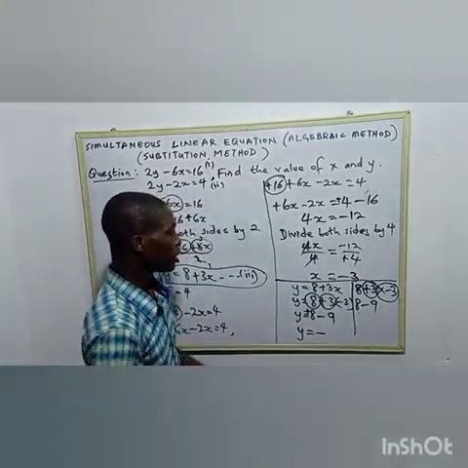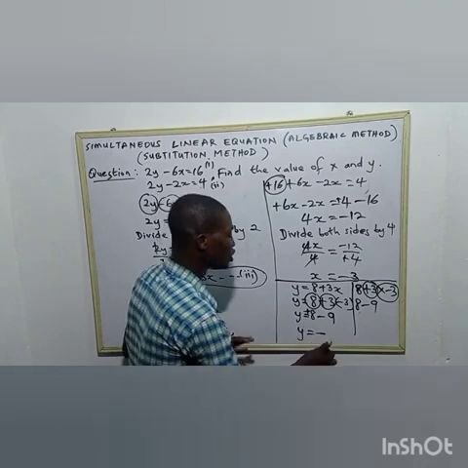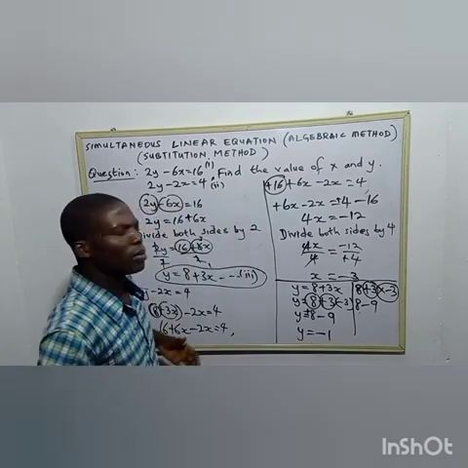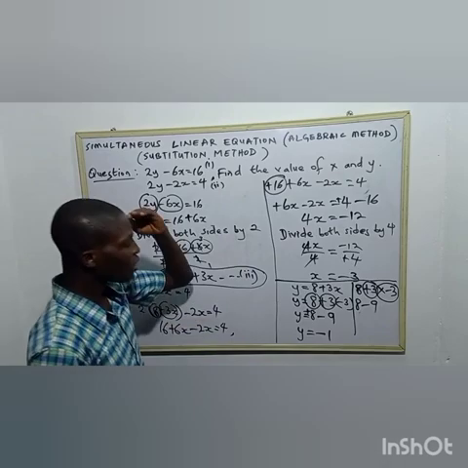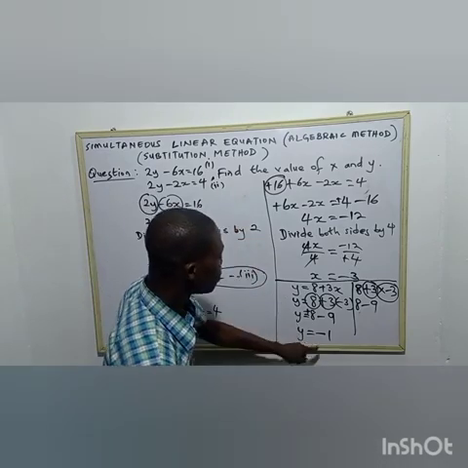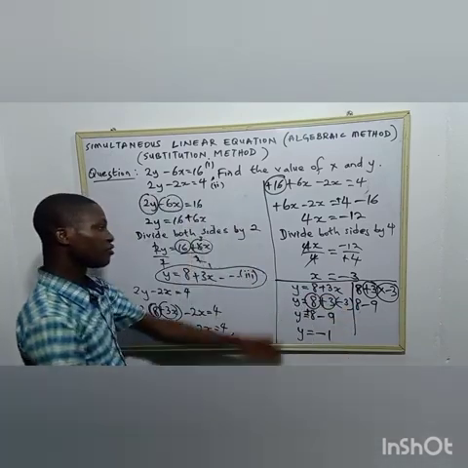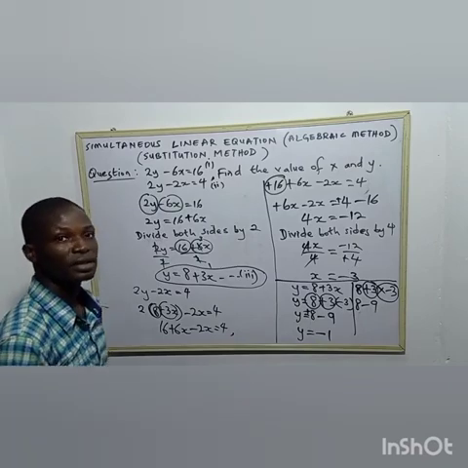Write it. Because the signs are different, take away the smaller digit from the bigger digit, which will give you minus 1. So by now, we have known our y to be minus 1, while x is minus 3. I believe you get this thing that we've explained. Thank you.